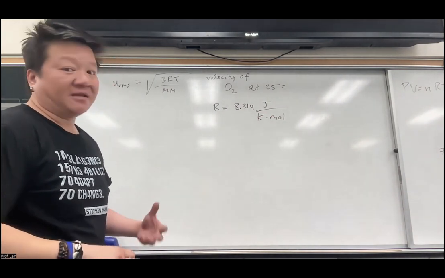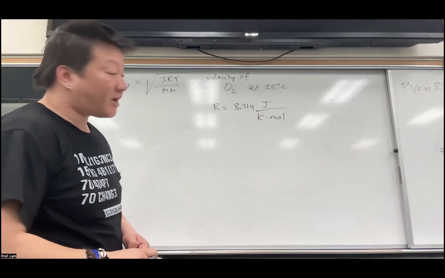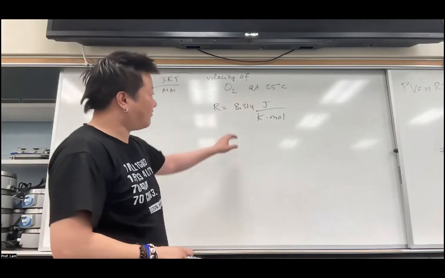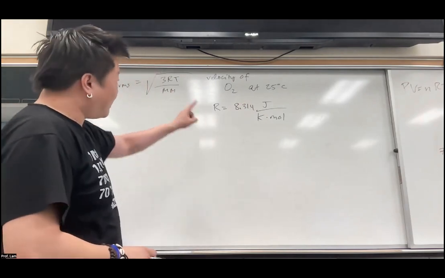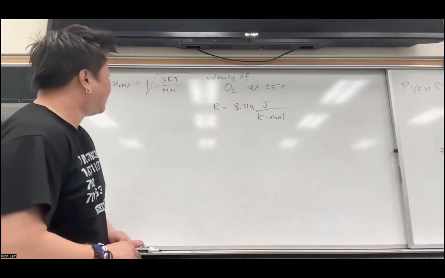Okay, so the liter atm is an energy unit, and so it's a joule. So they just converted it, right? And when you do the conversion to joules, it's 8.314. And that's the one that you have to use for this equation, only specifically for this equation, right?